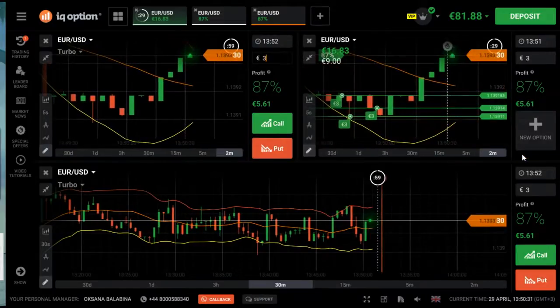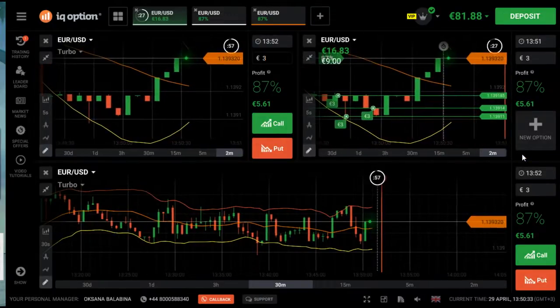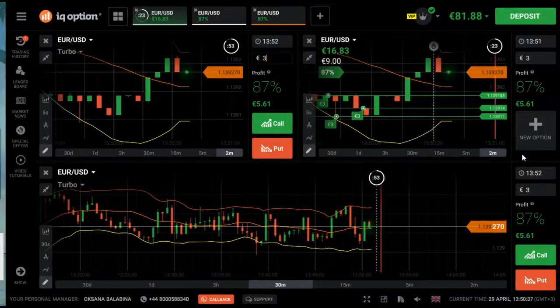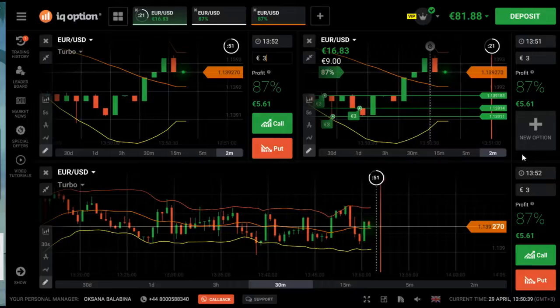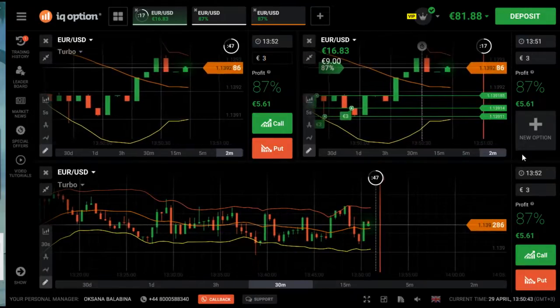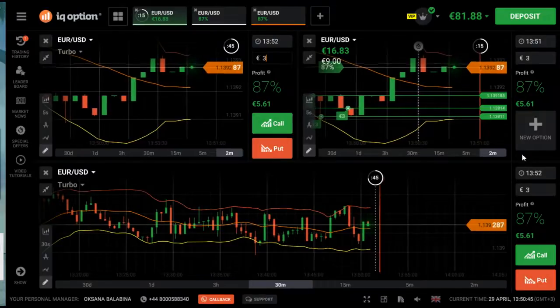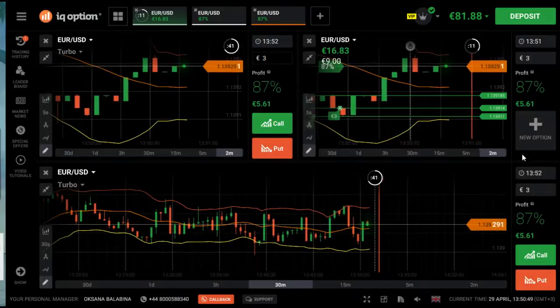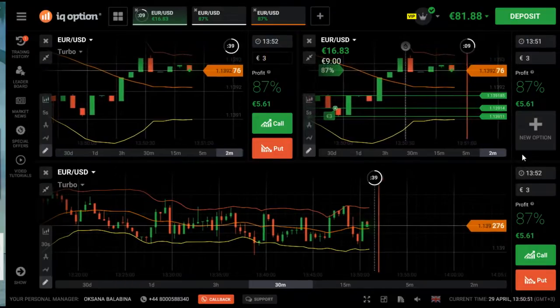You cannot expect you will win from the very beginning. But this risk management is that 3 euros will contain my loss within a reasonable range.